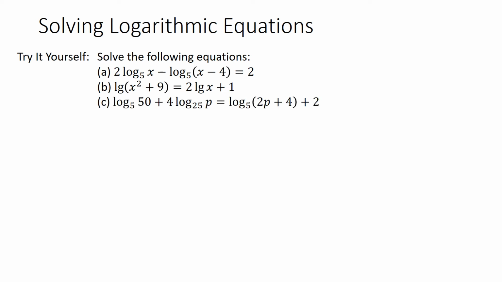C. Log 5 50 plus 4 log 25p equals log 5 bracket 2p plus 4 plus 2. D. Log 2 square root of 5p plus 1 plus 2 log 9 3 equals log 4 p minus 2 plus log 4 64. You can pause the video and try to do it yourself.